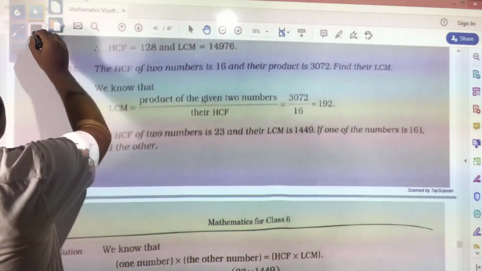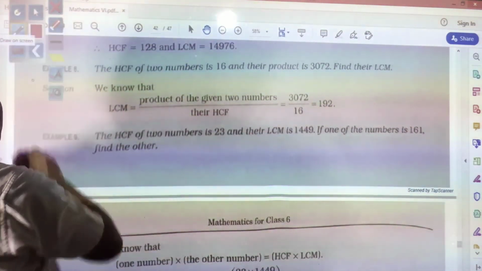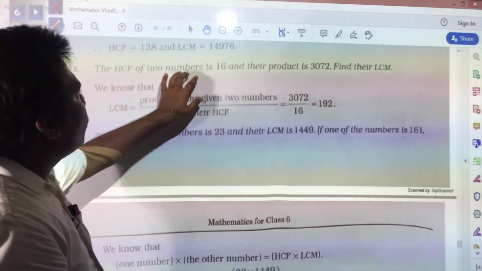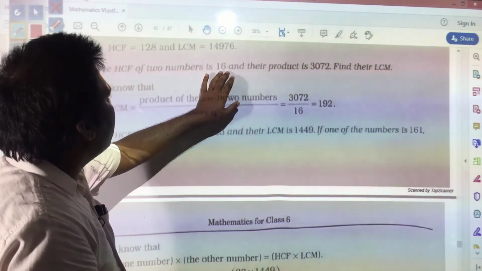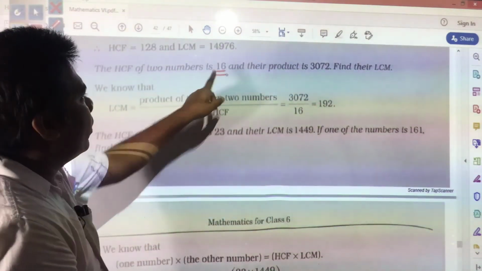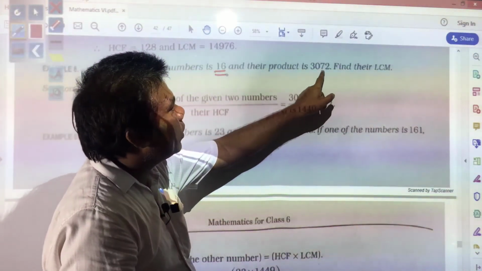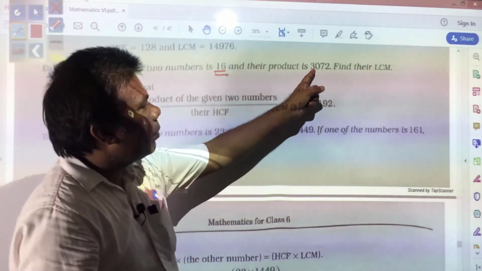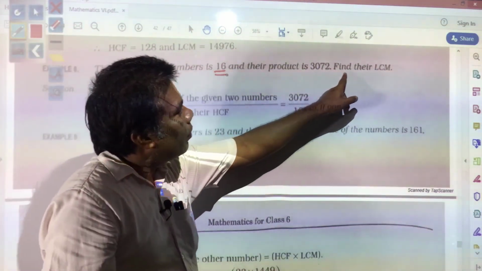Here you see, try to understand. The HCF of two numbers is 16, so HCF has been given, and their product is 3072. So, the product of the numbers has been given. Find their LCM.